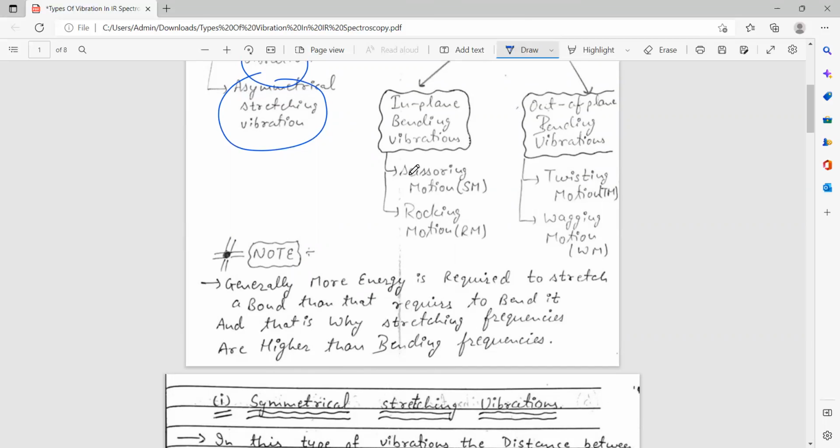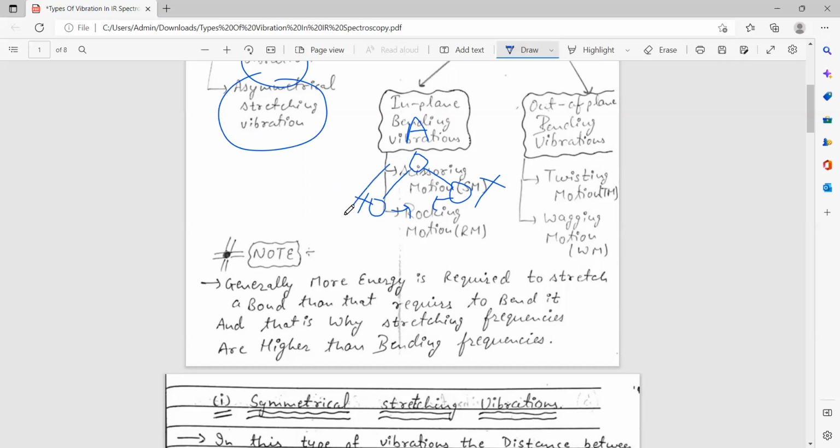So, in simple words, suppose I'm drawing a molecule here. Suppose this is A, this is X. If you want to bend it in this way, you can easily bend this type of molecule.